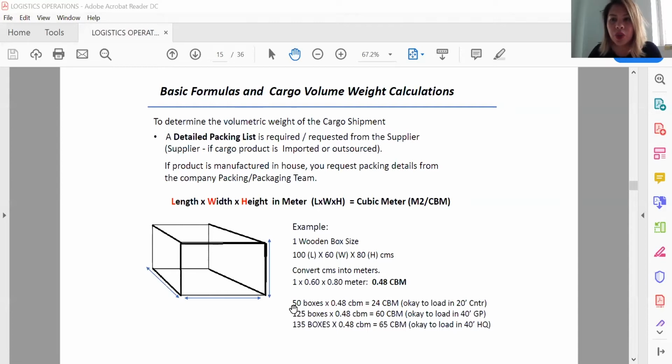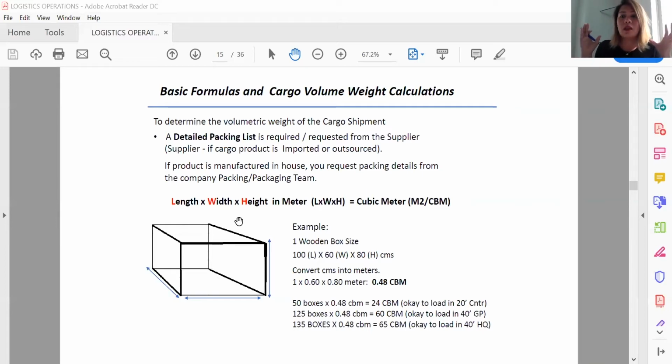So sometimes the theory versus reality just doesn't match, and you have to take into consideration the container size. What will be the size of the container door? The container door dimension, the height, the width. You have to take into consideration all these things because sometimes the cargo is packed so oddly that it will not even go inside a container.